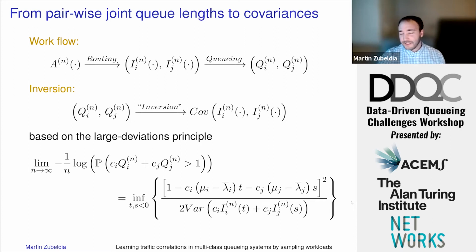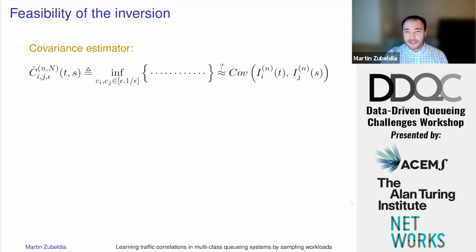Doing this yields an even more horrendous formula that wouldn't fit in one slide, even if I split it into parts. But it's similar to the one before, and we can define in the same way a covariance estimator that's again a solution of some optimization problem, which here depends on the joint Q length distribution and on an empirical version of that after big N samples.